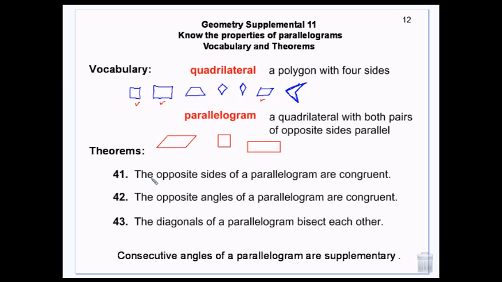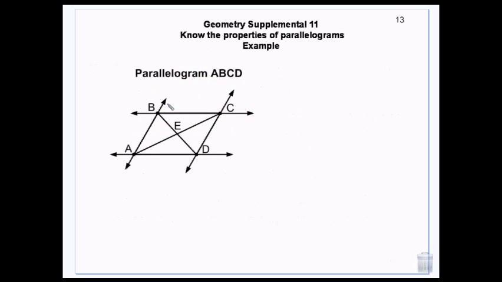We have theorems that say the opposite sides of a parallelogram are congruent. So if you go to your next page, there's a parallelogram here. And we have opposite sides congruent. So these two sides are going to be congruent, and these two sides are going to be congruent.